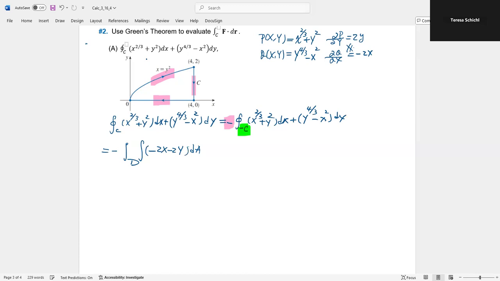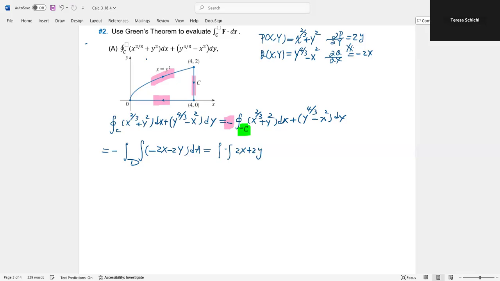So now let's take a look at how to integrate that. Here the negative becomes positive, so I have 2x plus 2y.